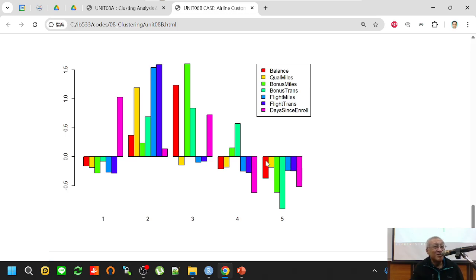These are the new members who earn their mileage from non-fly activities. In a sense, it might imply that these new members were not enrolled into this program by flying, but they go to our aligned hotel or our aligned car rental and earned their mileage and transactions, isn't it?